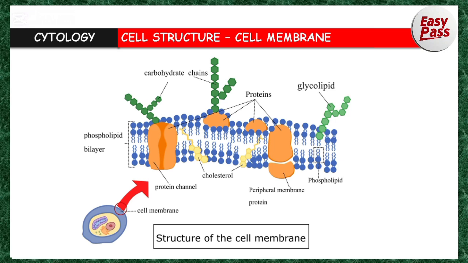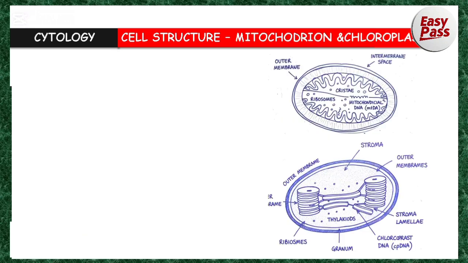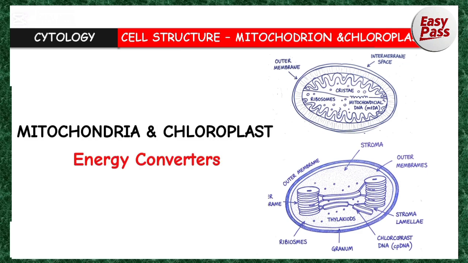Now, the next two organelles I'll be mentioning are known as energy converters, and they are mitochondrion and chloroplast. Mitochondrion in the plural form becomes mitochondria. The R-I-O-N is changed to R-I-A, as the case may be.